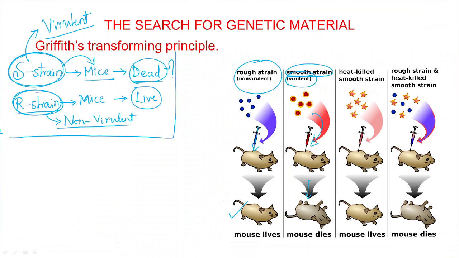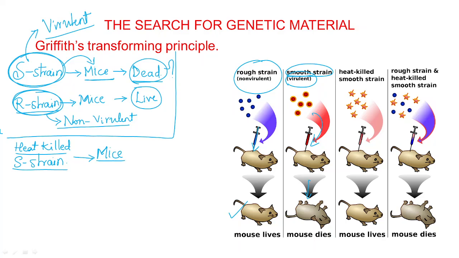Further, in the third step he heat killed the S strain bacteria. S strain bacteria was actually the virulent form, and this virulent form he heat killed. By giving the heat treatment, he killed all the S strain bacteria, then injected them into the mice.